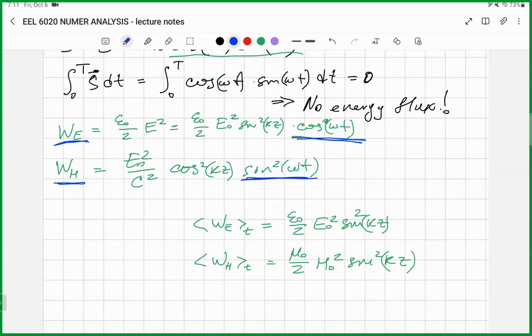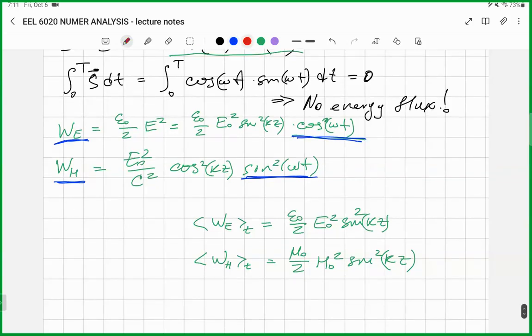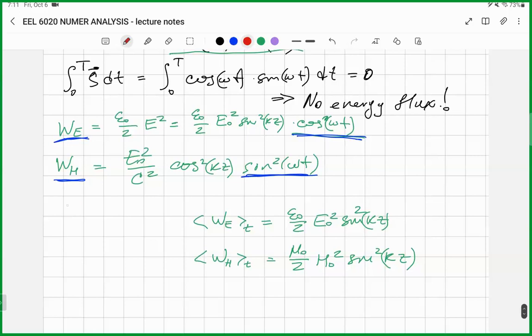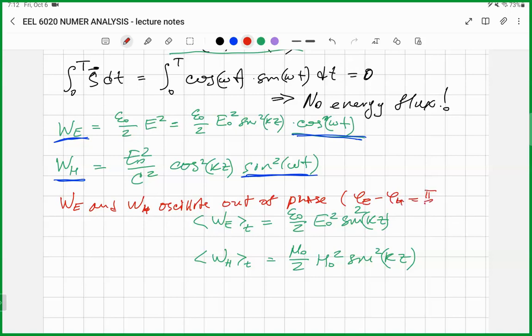So let's write this down: the electric field energy and magnetic field energy oscillate out of phase. And this phase difference of the energies is equal to pi over 2.